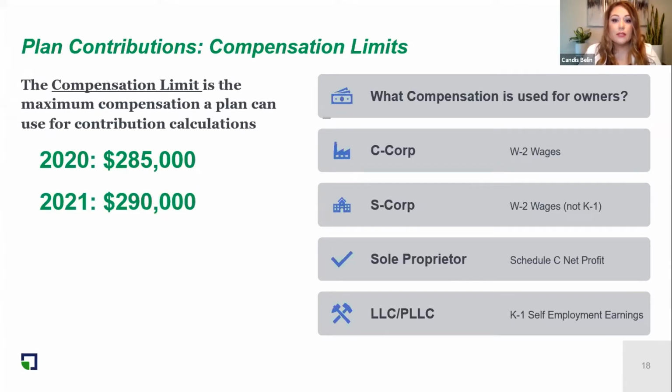So those are some things to take into consideration when you have a match, or when you're planning. We can only take into consideration those indexed compensation limits for the year. Now, going through the compensation used for owners, as you can see here, it's a little different depending on your entity type. We use W-2 wages for S and C corps, net Schedule C for sole proprietors, and for partnerships, we use your K-1 self-employment earnings.